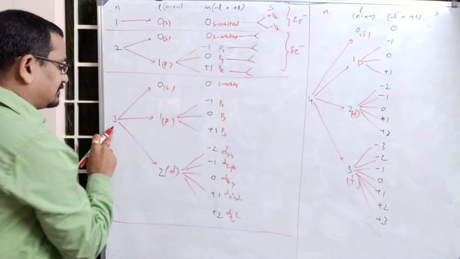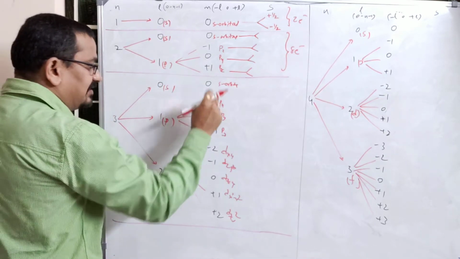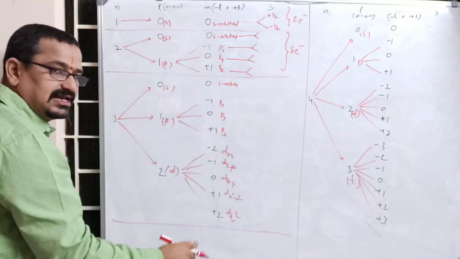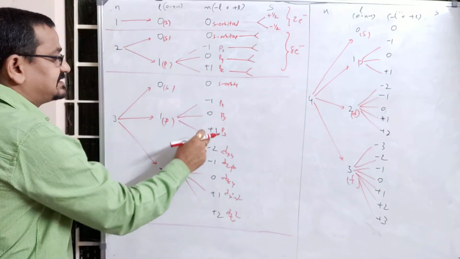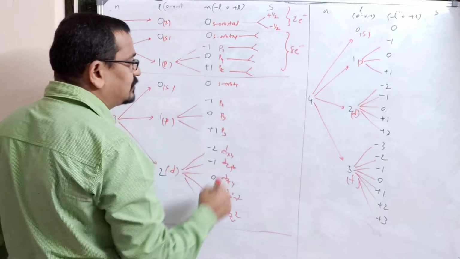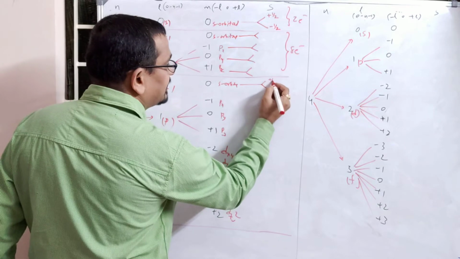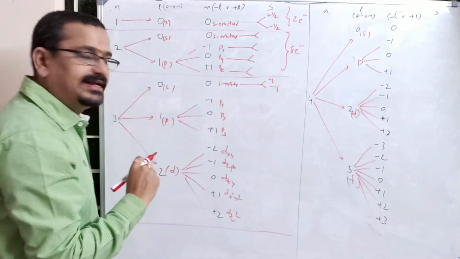When it comes to the third main energy level, it has 3 sublevels and these many orbitals. Totally how many? 5, 6, 7, 8, 9 atomic orbitals. See, 9 orbitals, 9 orientations. Each orbital can be accommodated with 2 electrons, one spinning clockwise, the other anti-clockwise.